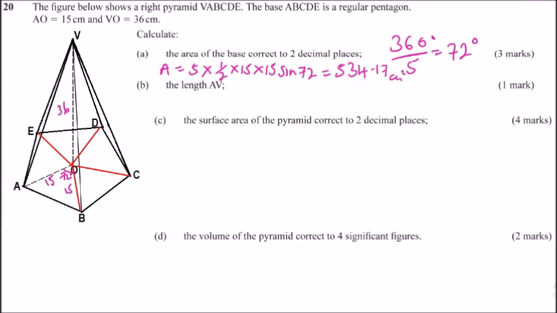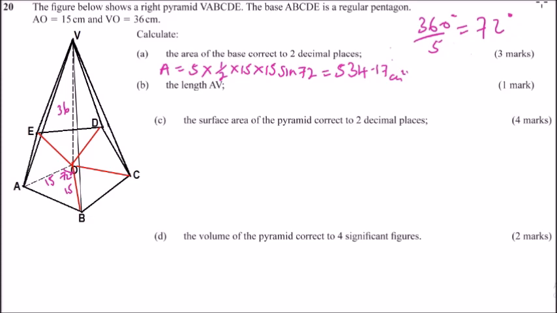So that is the area of the base, which is a pentagon. So this is 360 divided by 5 to get 72 degrees. So that is how you work the first part of the question.